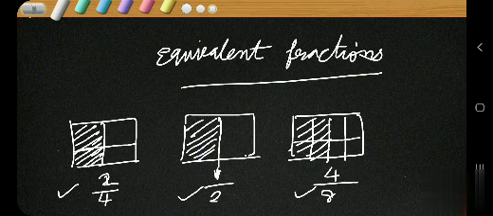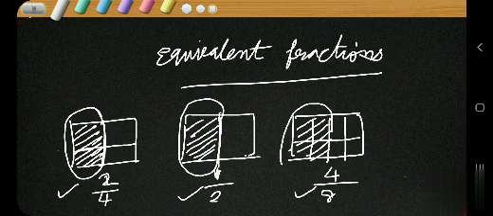But actually, do they all represent the same portion of the rectangle? Here also the half portion of the rectangle. Here also exactly the half portion. In the third figure also, this fraction represents exactly the half portion of the rectangle. In the first figure, the fraction 2 by 4 represents exactly the half portion of the rectangle.